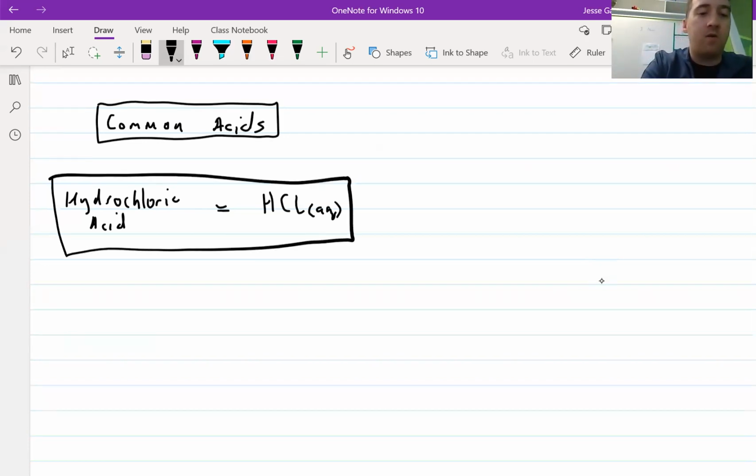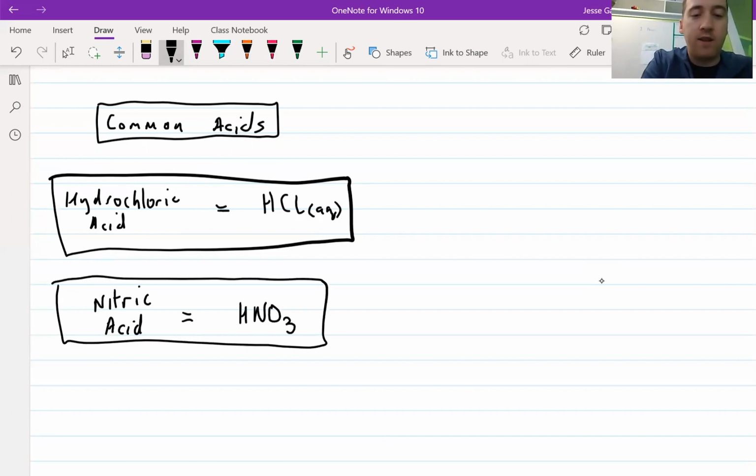Another acid that we come across in Leaving Cert chemistry is nitric acid. This tends to be a very corrosive acid, and it's got the formula HNO3 (aq). aq for aqueous means dissolved in water.